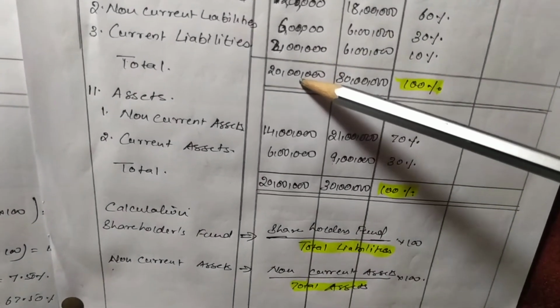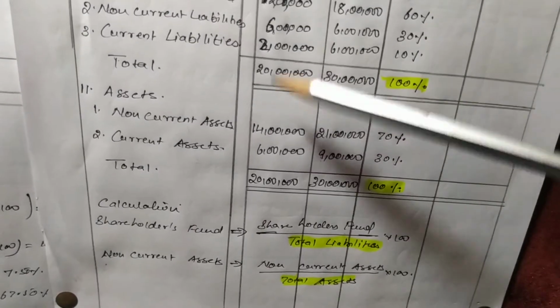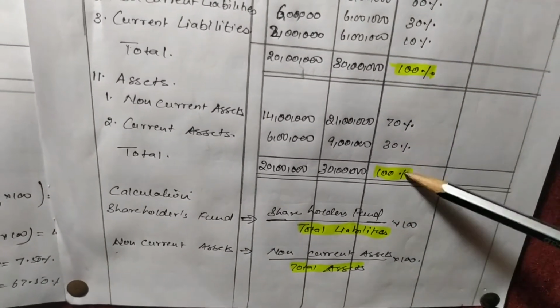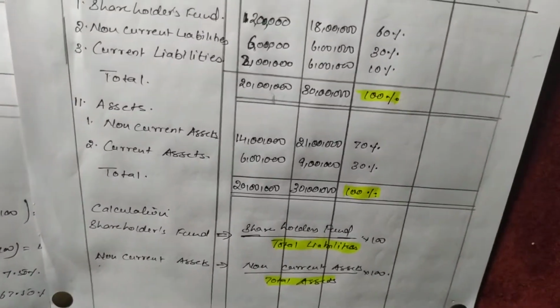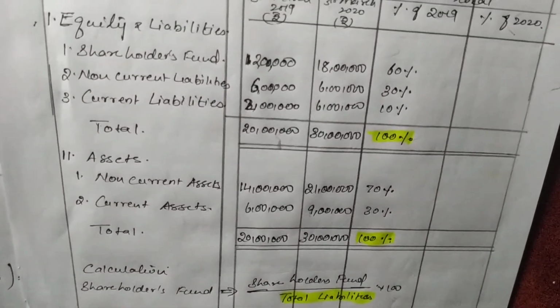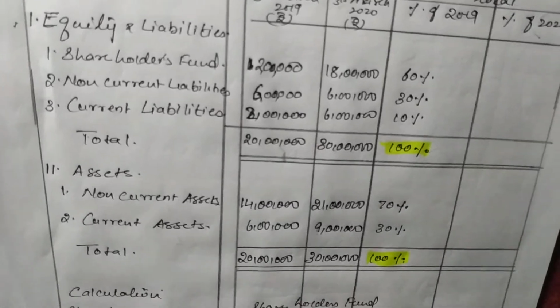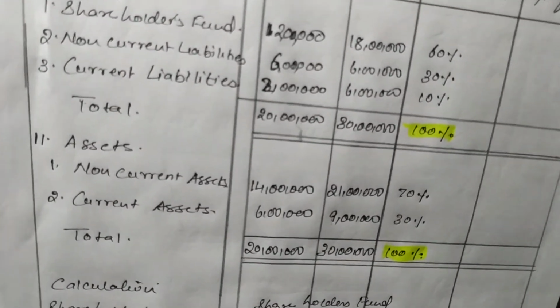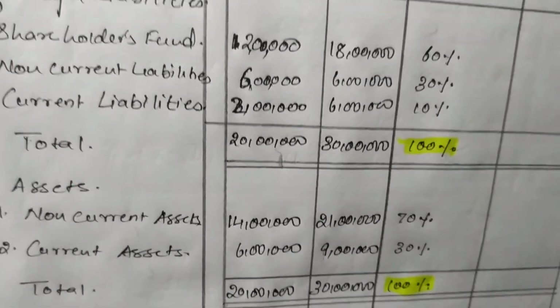So total assets, 20 lakh upon 20 lakh into 100, is 100.